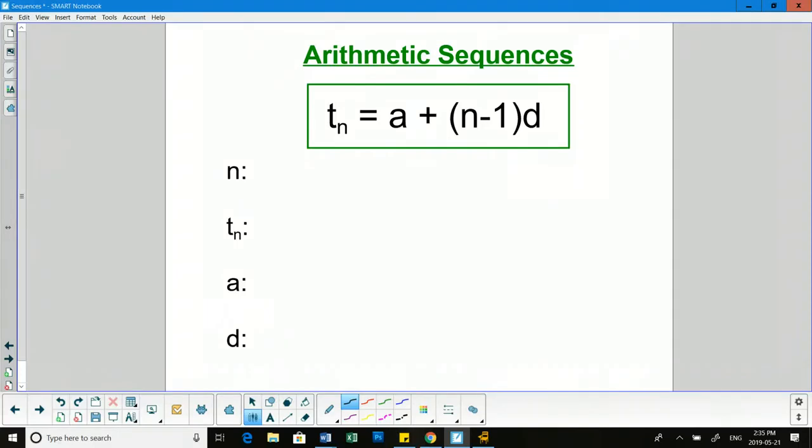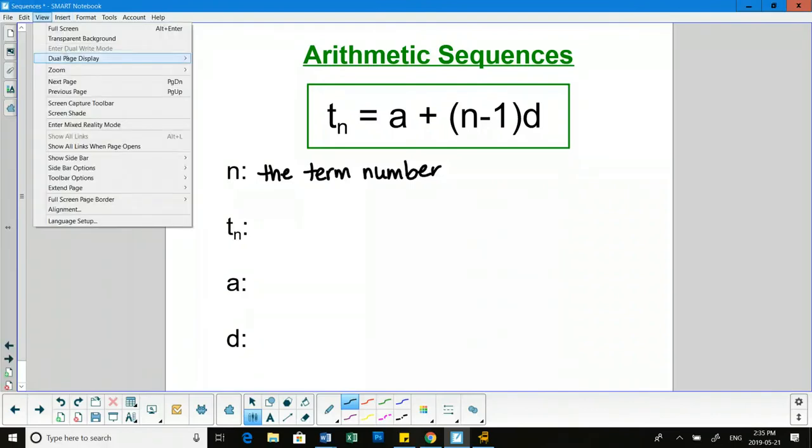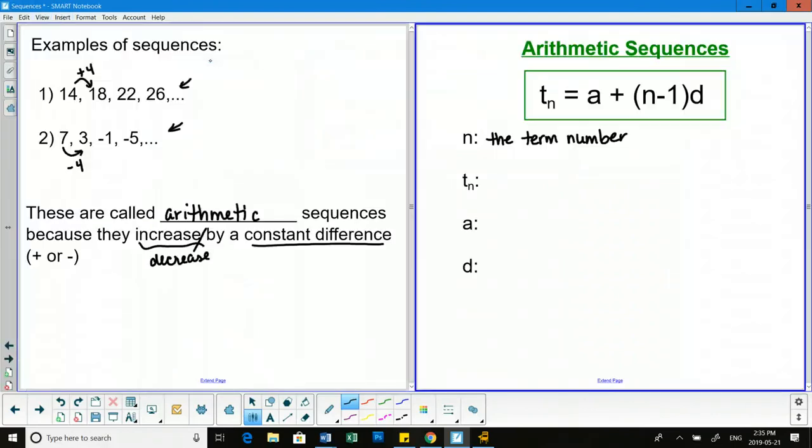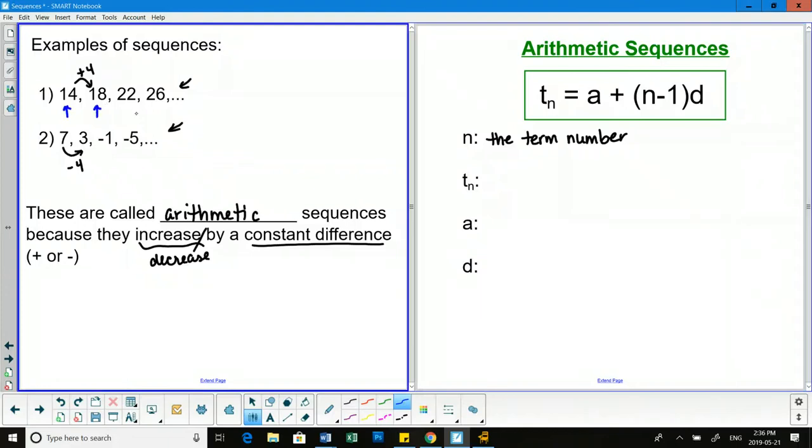Okay, so n. n is going to be the term number. You kind of saw me refer to this n value earlier. Essentially, if I'm looking at a list, maybe I'll just hop on to C2 pages here so we can talk as we write these. So if I'm looking at the term number here, and I look over at my sequence from number 1, this is term 1, term 2, term 3, term 4, and so on.